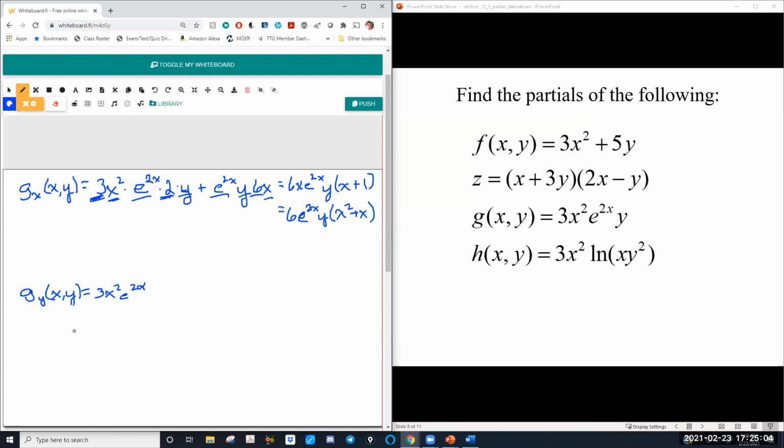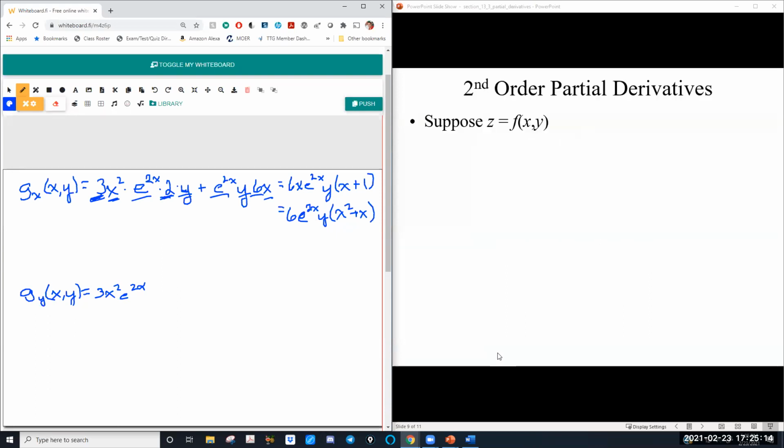Those are what we call our first order partials, with the interpretations we talked about previously. Now we also have second order partials. Those are second derivatives. There are two first order partials for a function of two variables, and there are four second order partials.